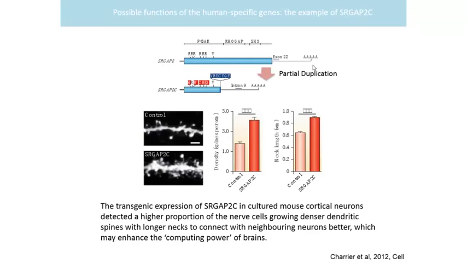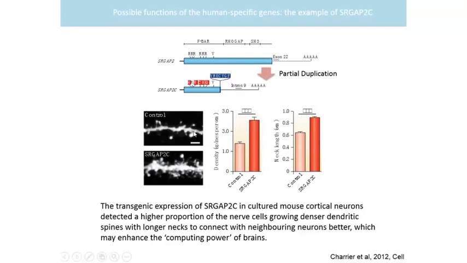Scientists expressed this gene in a mouse, and compared to the wild-type mouse brain, those neurons actually look like this, containing a certain structure here called the spine, which is involved in the connection between different neurons.